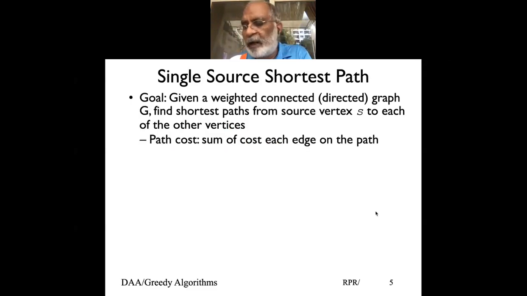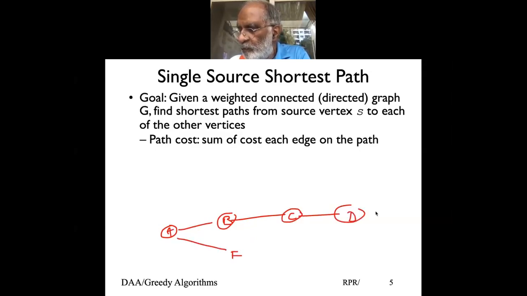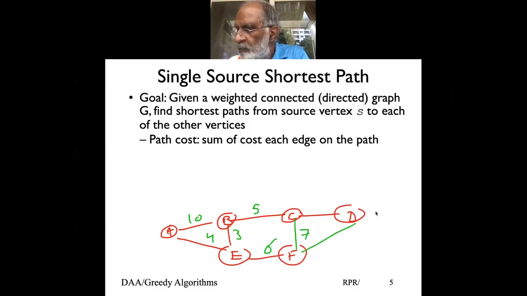And we know the path cost. So if I have nodes, let's say A, B, C, D, E, F, and let's say these costs are 10, 5, 3, 4, 6, and let's say 7, 2, 11.